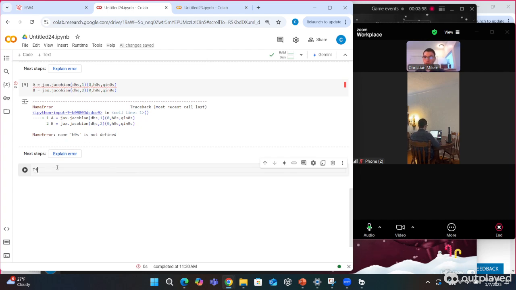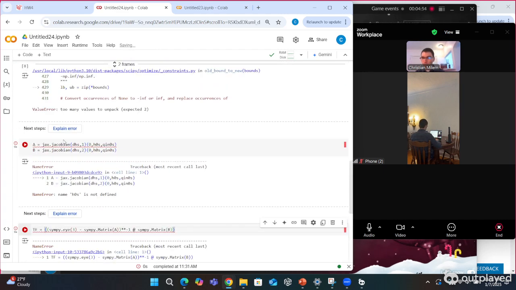Okay. So then our transfer function is going to be, we'll need our identity matrices, so sp.eye, and we need a 3x3, minus our matrix A. Then matrix multiply that by matrix B. Yeah, they're not defined.